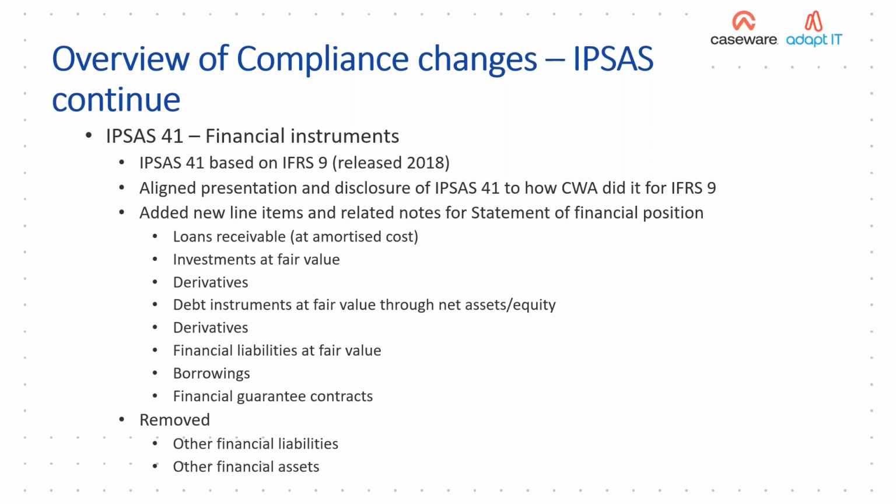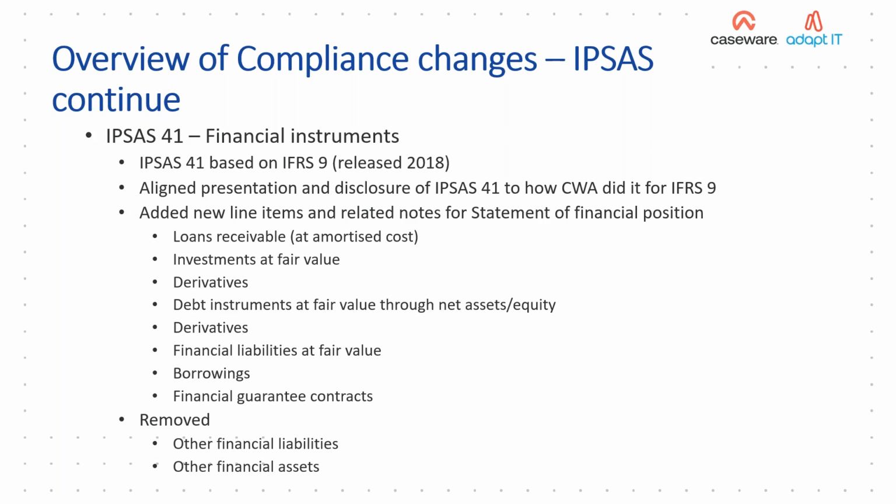Okay. However, to align to that, in essence, we removed the two line items, other financial liabilities and other financial assets, from the statement of financial position, and we just unpacked it more with more relevant financial instruments disclosures. There are existing financial instruments, your revenue from exchange, revenue from non-exchange, and cash equivalents.